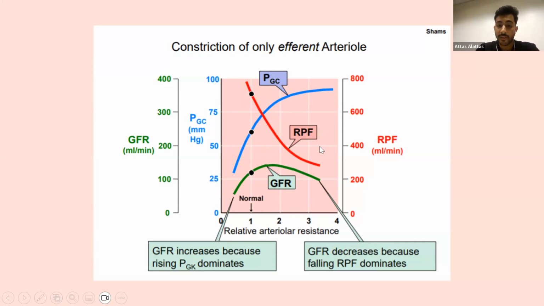Now you have one factor increasing the GFR, the hydrostatic pressure, and the other factor decreasing the GFR. You need to know which one is dominant, and this depends on the degree of constriction. If the constriction is moderate, you will have increased GFR. If the constriction is so severe, or there is more resistance, you would have decreased GFR.